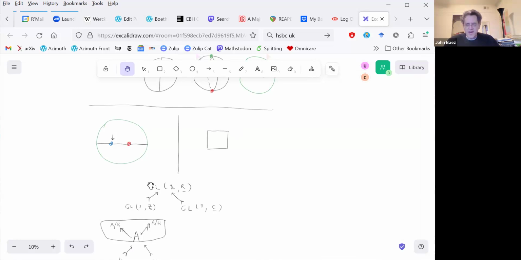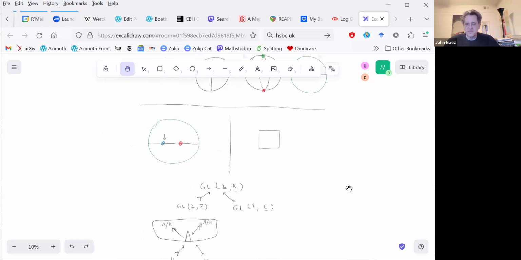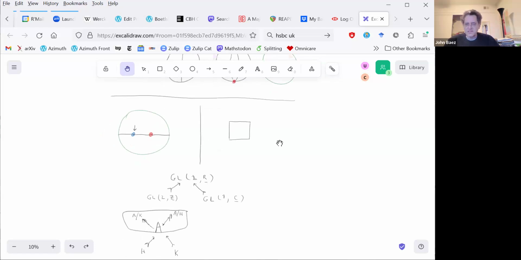So I'm thinking we got it by taking GL2R mod GL1C or something like that, and then modding that out by GL2Z. But I don't know if that's exactly right. I was wanting some story starting from the stuff above the page and leading to this little span you drew.